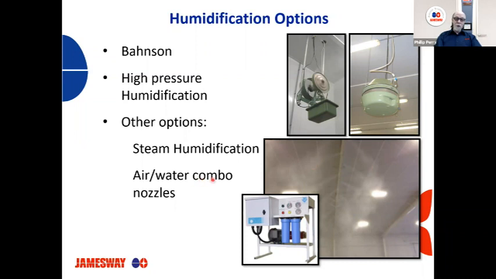And some of the older types, which are still used, are air and water combo nozzles, usually located around where the air is dispersed into the room. Again, it is a combo. I go into a lot of hatcheries, and when it's calling for humidity, I see or hear air blowing, but I don't see any water. Or I'll see the air not working and water just pouring out onto the floor.